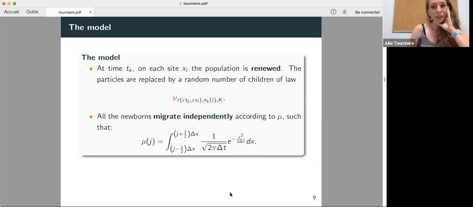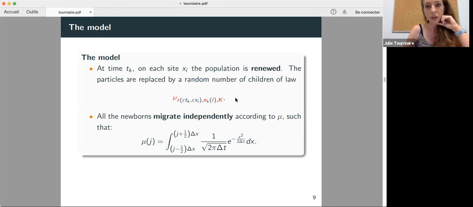At each generation, the population on each site is renewed, and the population on a site is replaced by a random number of children governed by a certain reproduction law that depends on the growth rates, on the number of parents on the site, and on the strength of the competition.